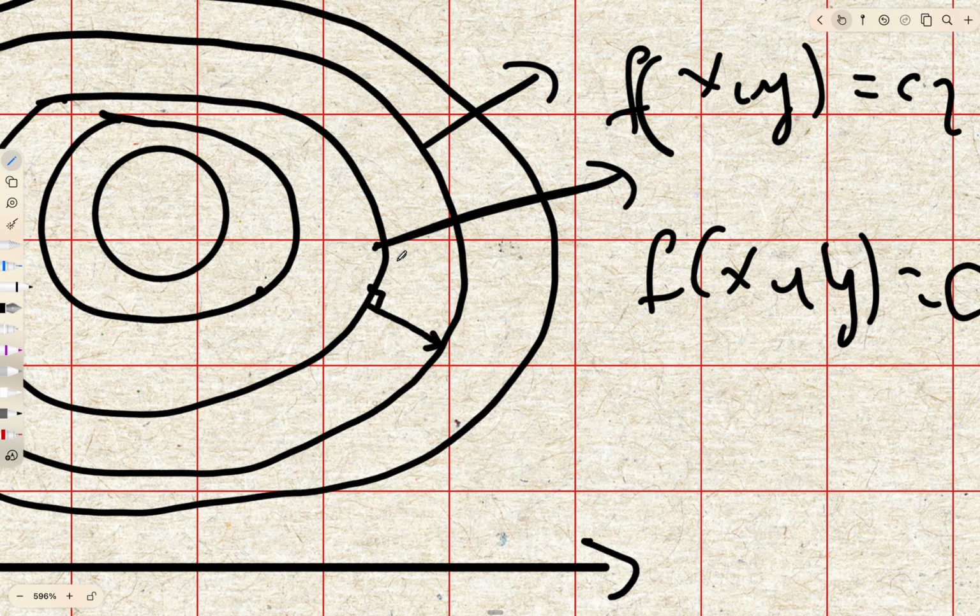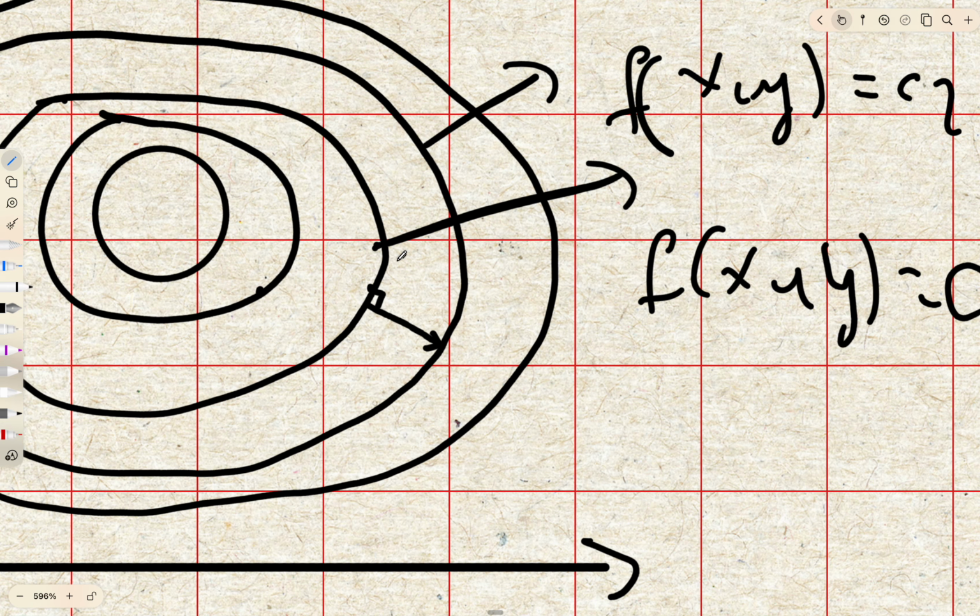I will draw the surface for f(x, y) and g(x, y). And I will not draw the surfaces, I will basically draw the contour lines of them together.